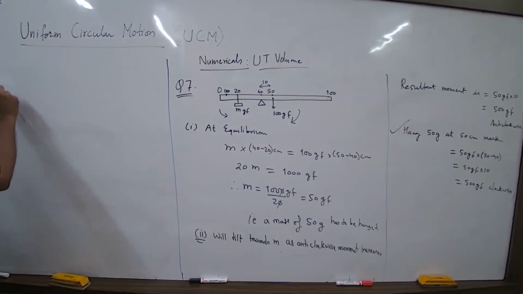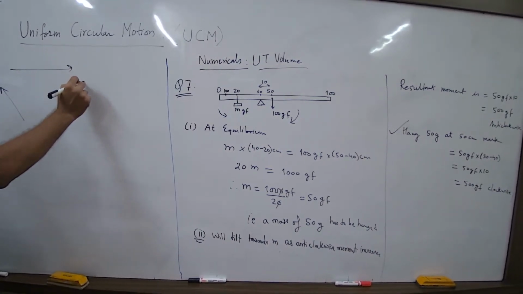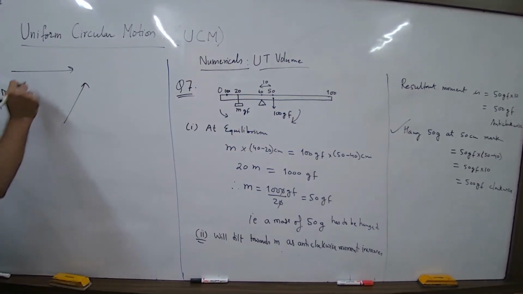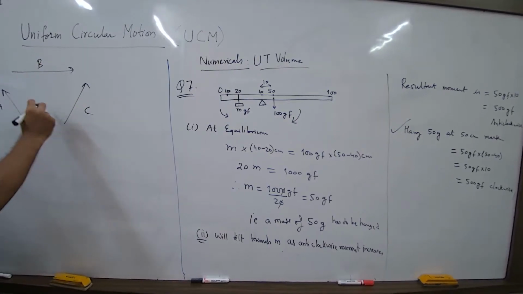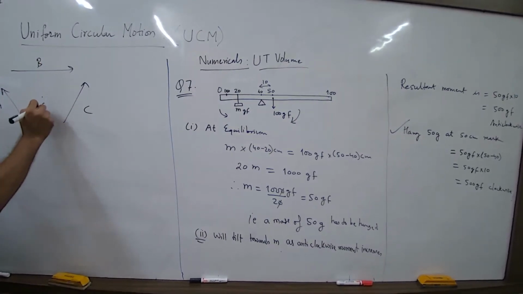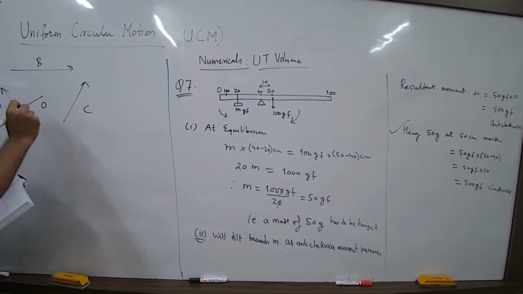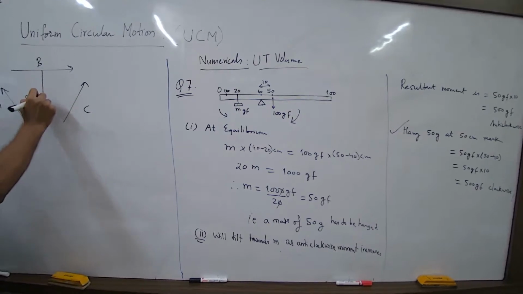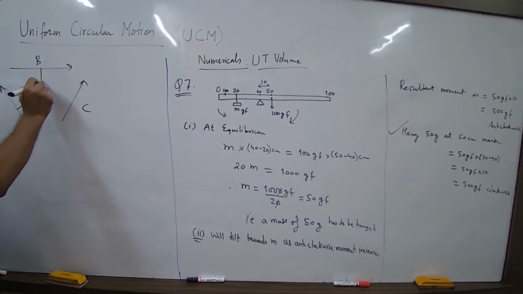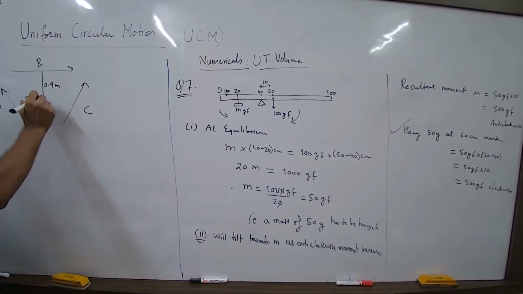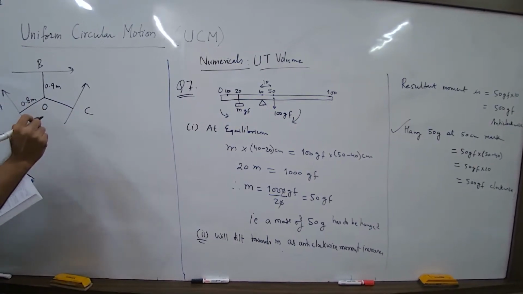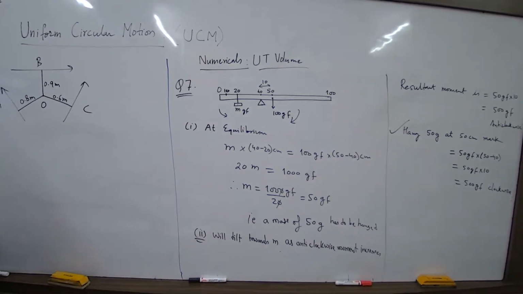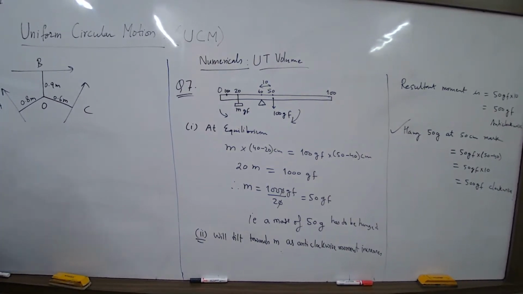So we have A, B, C. These are the forces A, B, C. All of them are 4 Newton, and A is 0.8 meter, B is 0.9 meter, and C is 0.6 meter. Okay, so these are the distances.